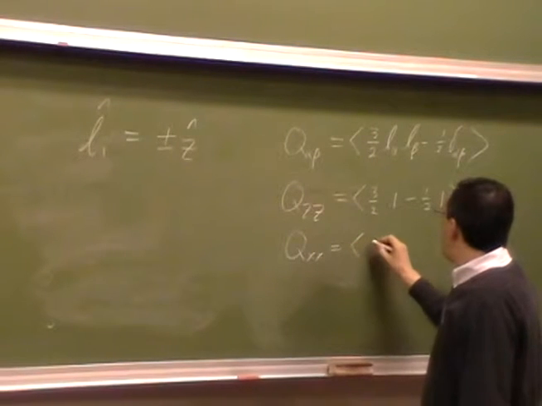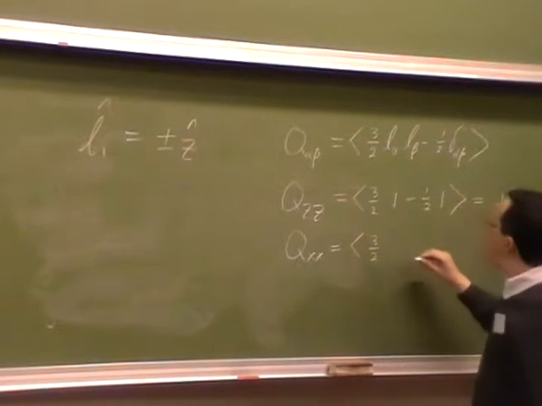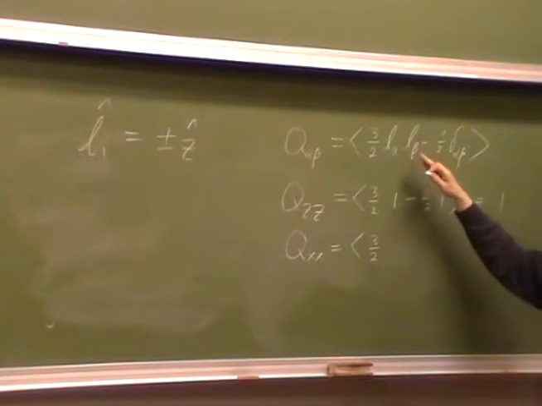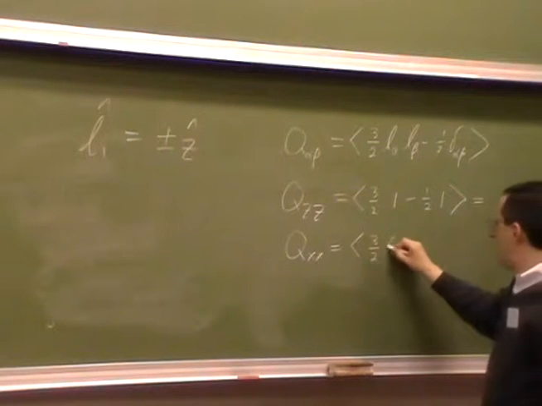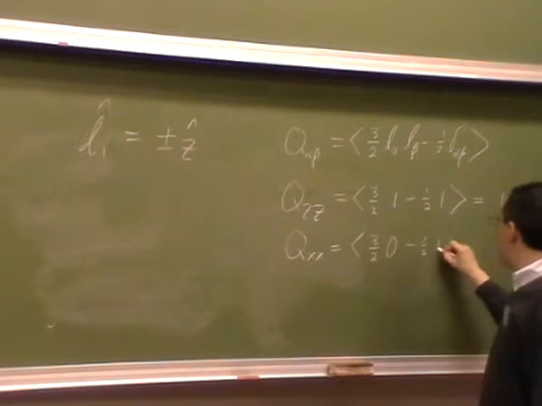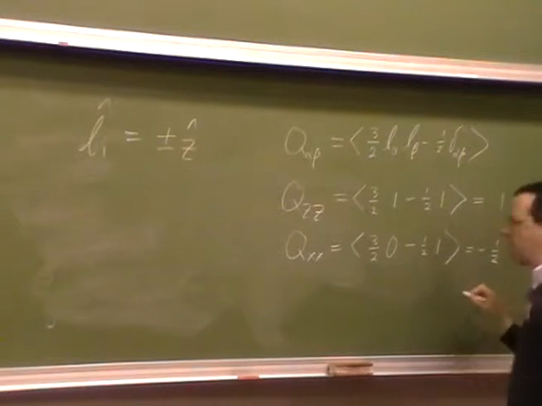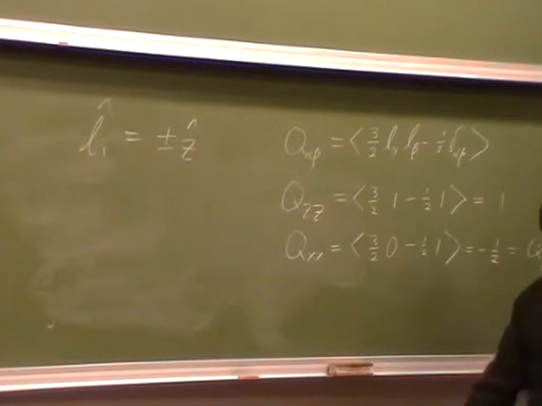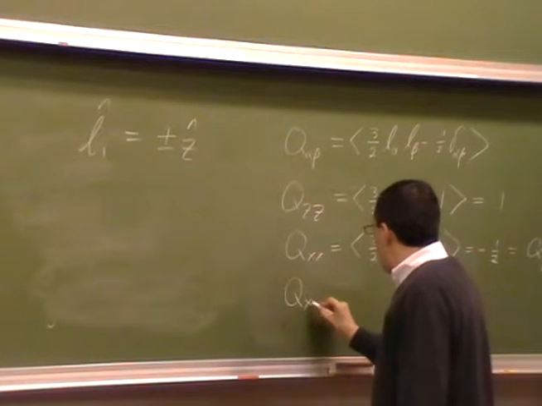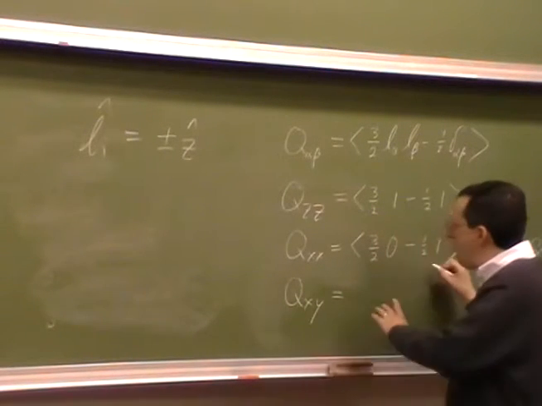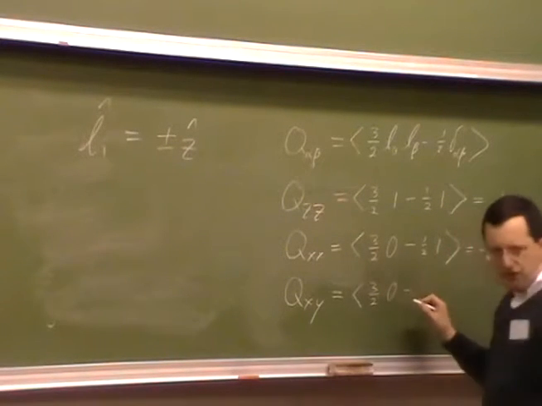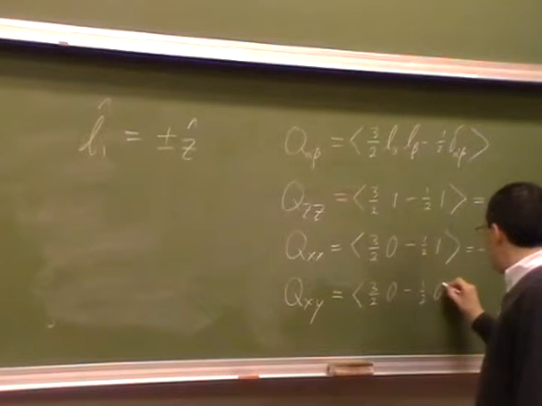What about QXX? Well, that would be 3/2 times LX squared, right? But LX is 0. So it's 3/2 times 0 minus 1/2 times 1. So that's negative 1/2. And that's the same for QYY. And if I look at one of the off-diagonal terms, like QXY, that's 3/2 times 0 minus 1/2 times 0.